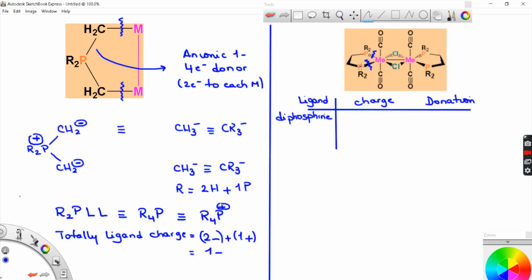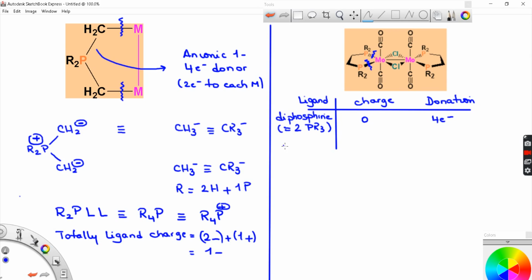The charge, so it behaves as PR3 and PR3. Diphosphine is equal to 2 PR3. The charge is 0, and the diphosphine is 4 electrons donor.